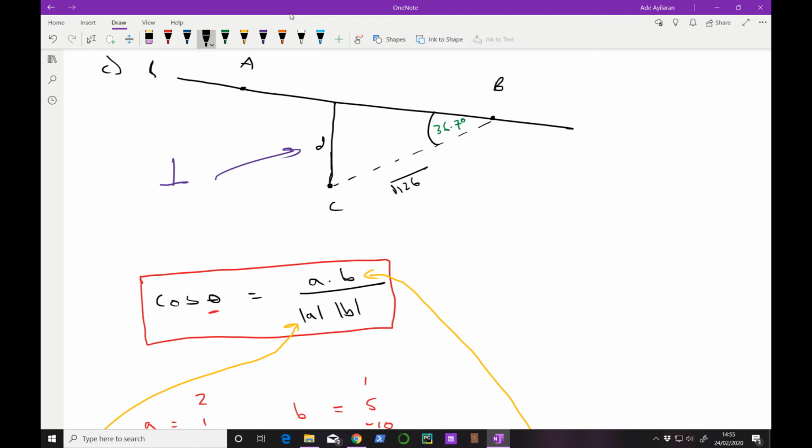And this is the distance D that the question wants you to work out.